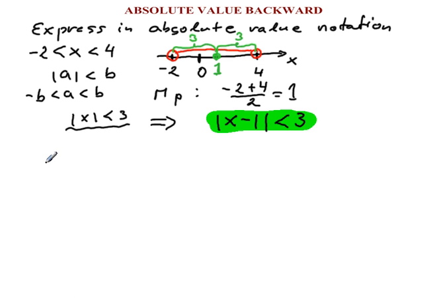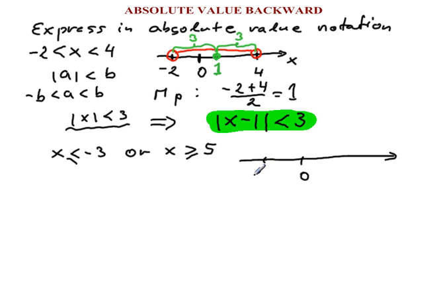So let's move to the next case where I have x is less than -3, or x is greater than 5. Actually, let's do greater or equal, less or equal. So using the visual number line, say 0, -3, and 5.